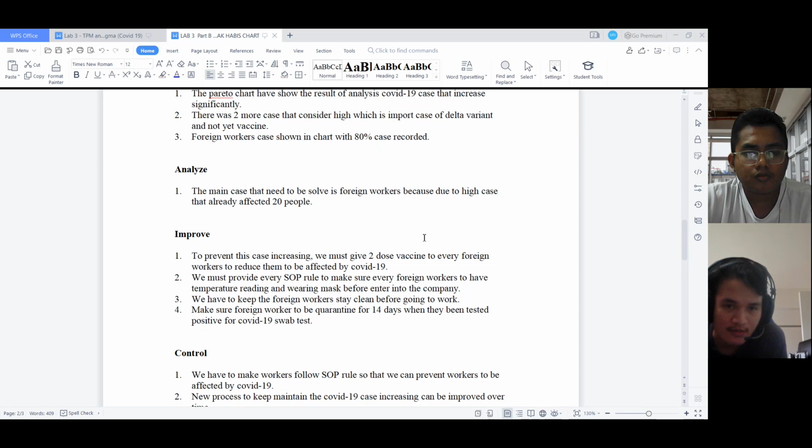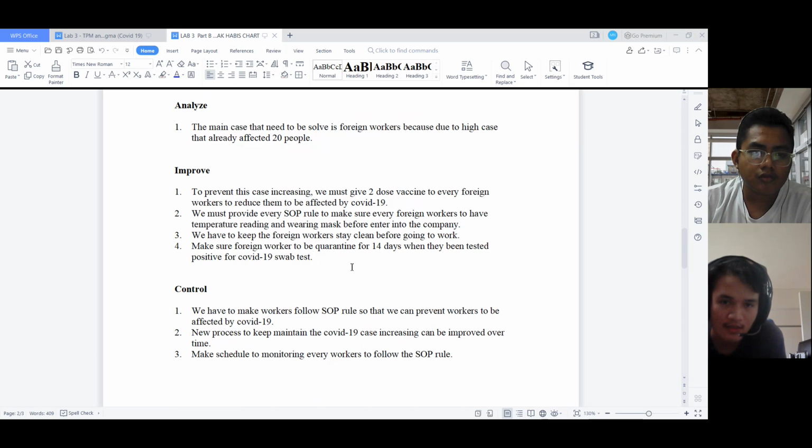The second one is we must provide every SOP rule to make sure foreign workers have their temperature read and wear a mask before entering the company. And the third one is we have to make foreign workers stay clean before going to work, and have them quarantined for 14 days when they test positive in a COVID-19 swab test.